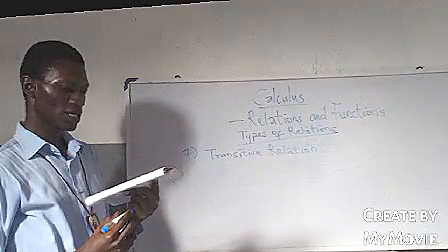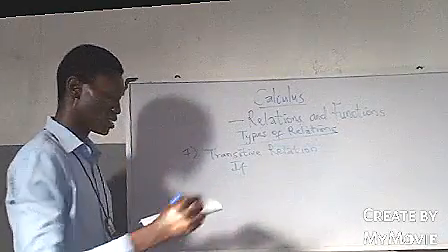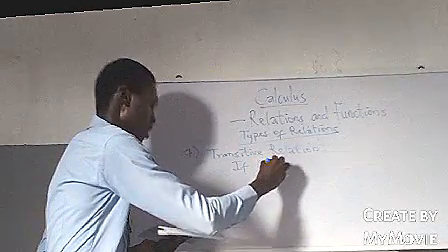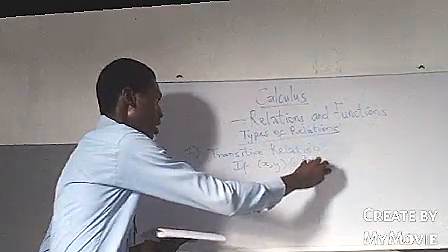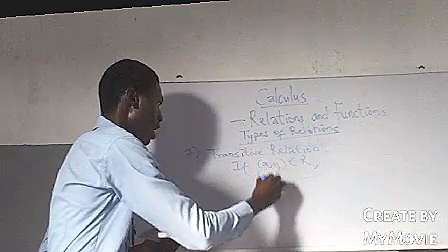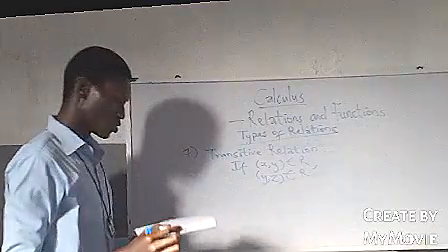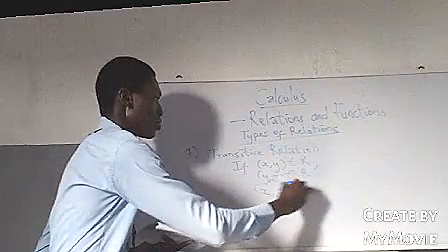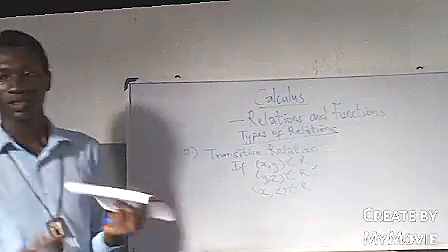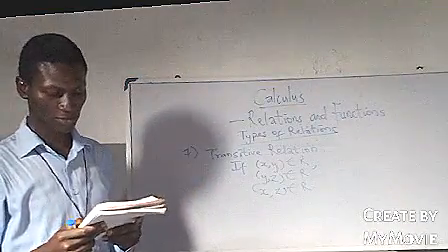Now, in transitive relation, if we say that X and Y are members of R, and also we say that Y and Z are also members of R, what it means is that X and Z are also members of what? R. Now this is what we mean by transitive relation.